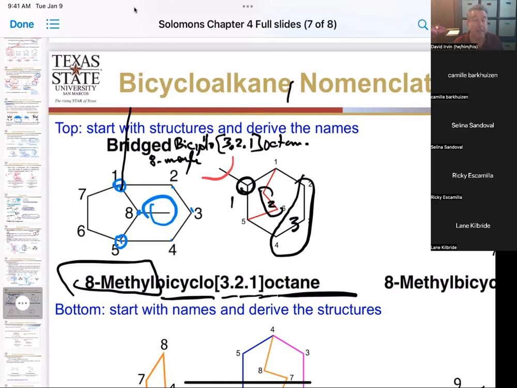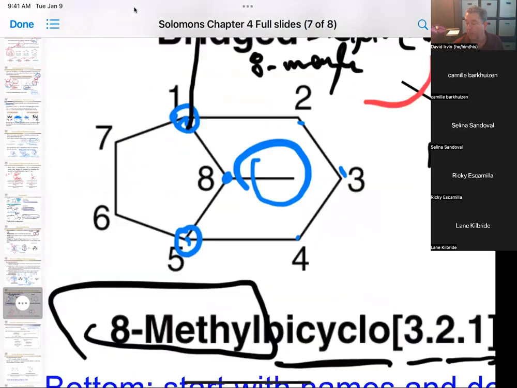And when we number these, the third most important thing is we start from a bridgehead and go around the largest ring, the largest bridge, to the next bridgehead. In this case, 1 is our bridgehead. 2, 3, and 4 are the 3 carbons in our bridge. 5 is our bridgehead.